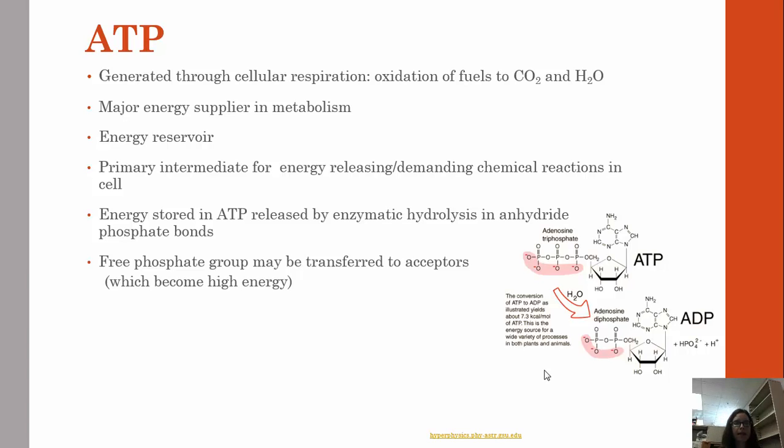Okay, so ATP is generated through cellular respiration, and this is the oxidation of fuels, carbohydrates, lipids, proteins, ethanol, to carbon dioxide and water. Now, ATP is a major energy supplier in metabolism, and it's incredibly unique because it's an energy reservoir for the reasons that I talked about in the last slide.